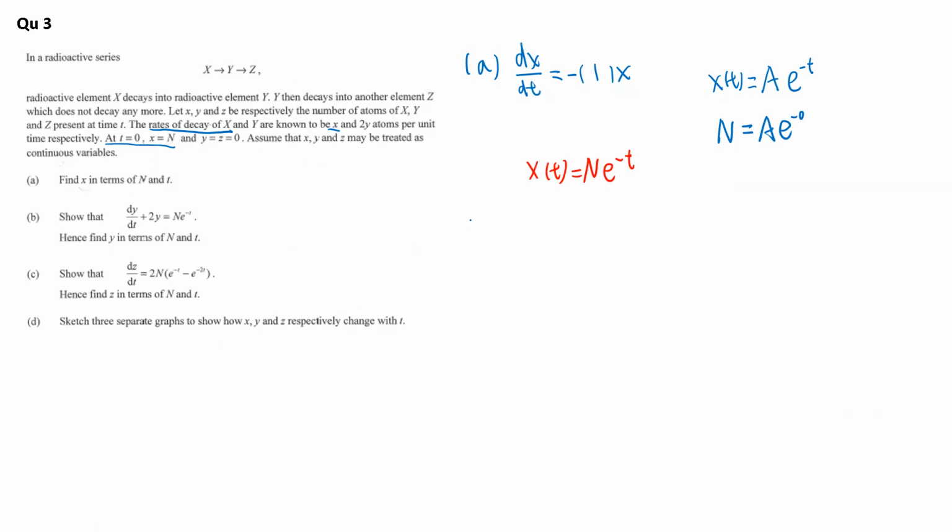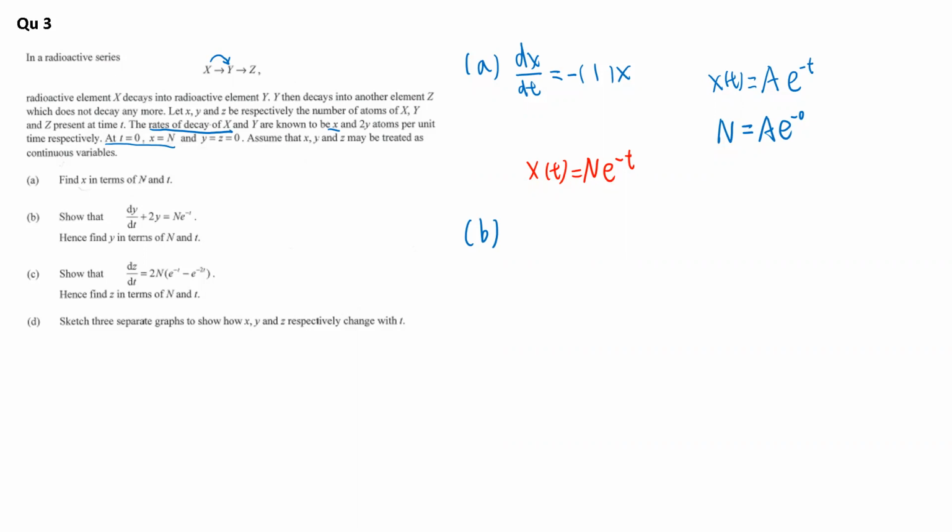Now part B. Now we want to talk about the rate of change of y. This one is more complicated because there are two processes happening together. As a function of time, x is decaying, so y is increasing.